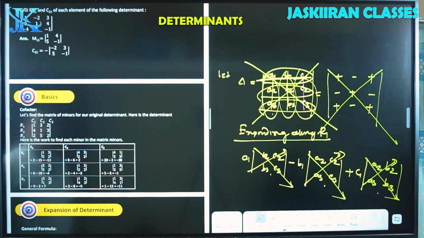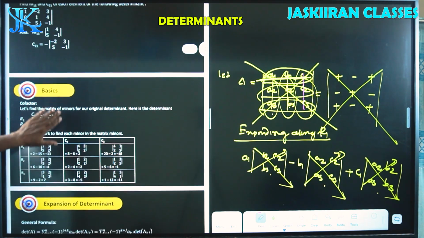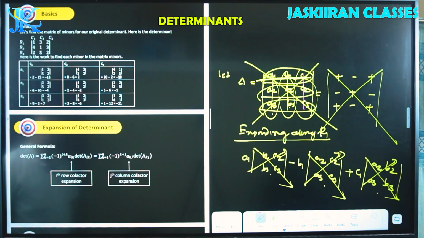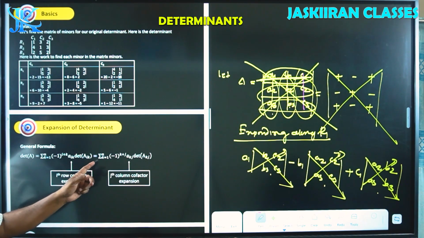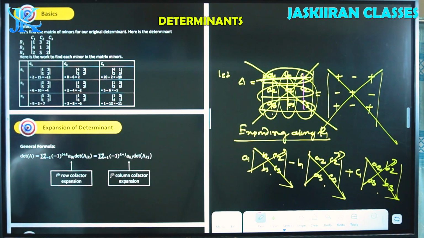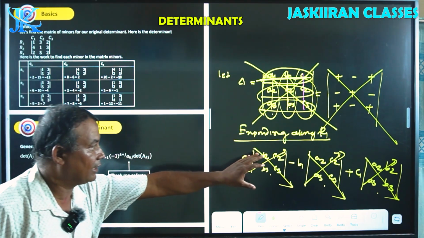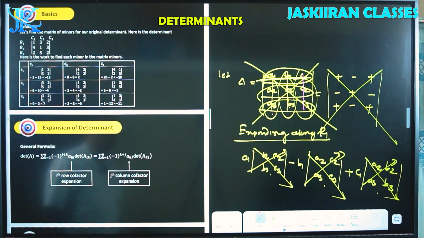This is how to expand a third order determinant in general form: the determinant of A is the summation over k of (minus 1) to the power i plus k, times aik, through row cofactor expansion or column cofactor expansion. The signs of A1, B1, C1, A2, B2, C2 and A3, B3, C3 are obtained by the minor and cofactor.